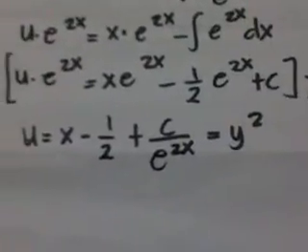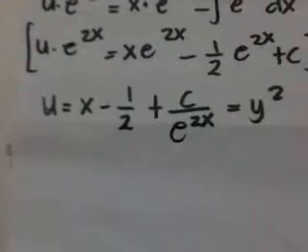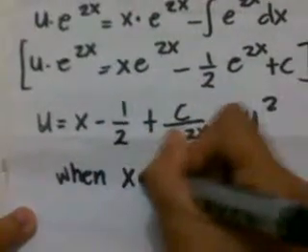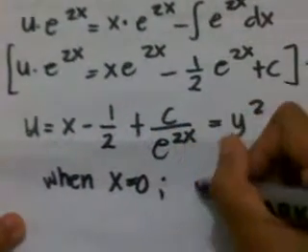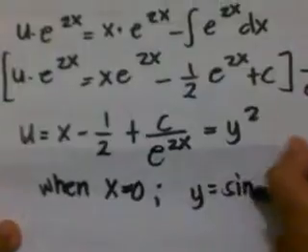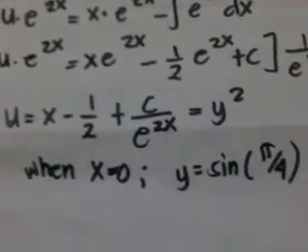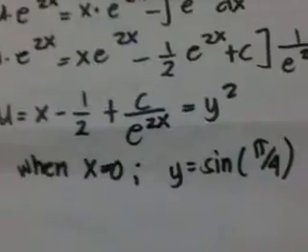From the given problem, when x equals 0, your y will be sin(pi/4). This is used so that we get the value of c.